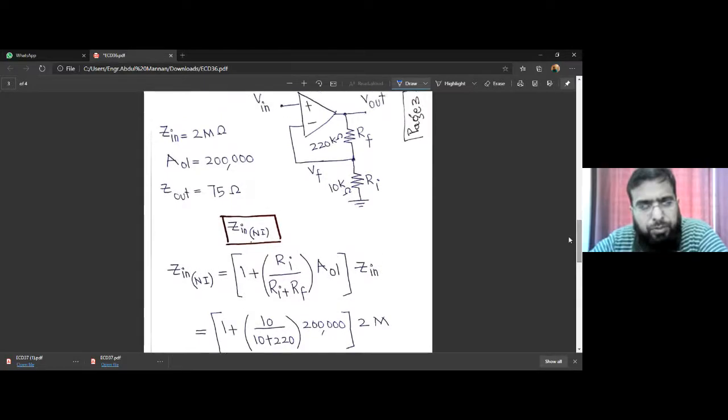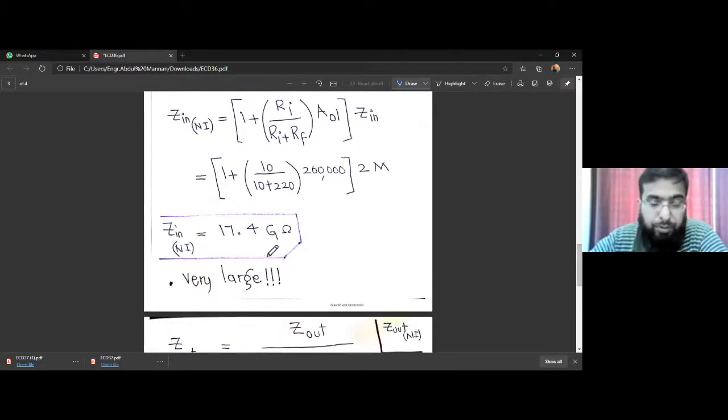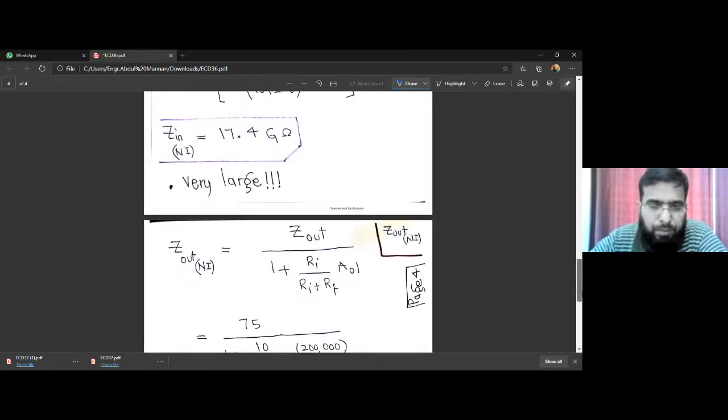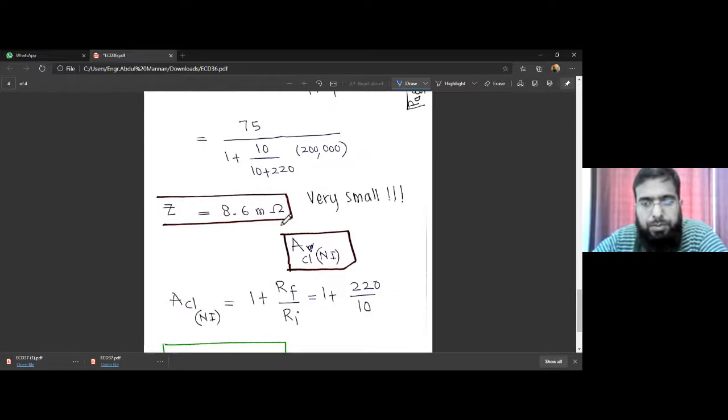It is further increased to how much? 17.4 giga ohms, very large, and Z_out is reduced to 8.6 milliohm. It's not mega, it's milli, 10 to the minus 3. So this is actually 8.6 divided by 1000. Very small.